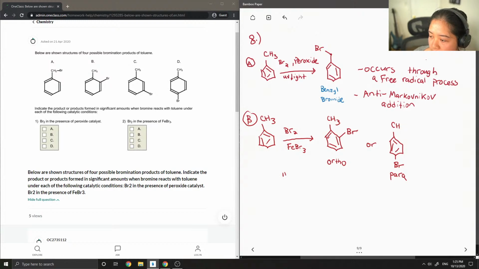So this process is the opposite of the other one. This is a Markovnikov addition. And again, what this rule means is that it adds in the most substituted position.